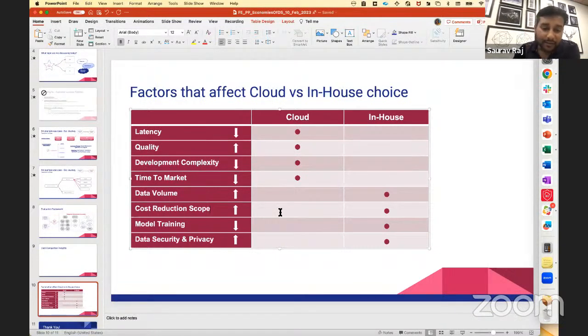But on cloud, since it's a flat rate that you have to pay, there's no such cost reduction scope unless you are a big enterprise and bring a lot of business to them. In-house, you can optimize a lot of areas and make your solution more performant, and that's how you can reduce the cost. So if cost reduction scope is your factor, it's better to stick with the in-house solution.